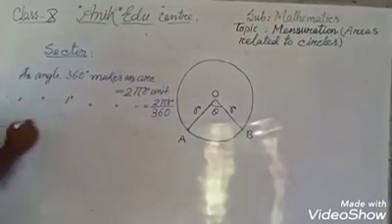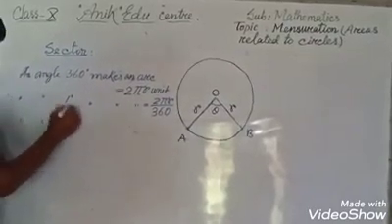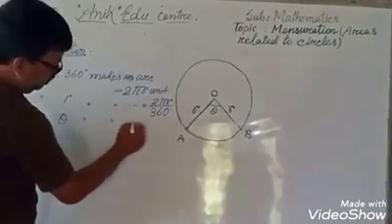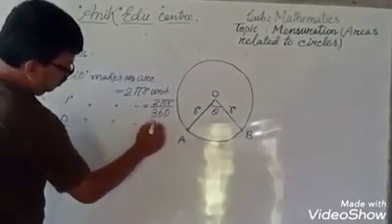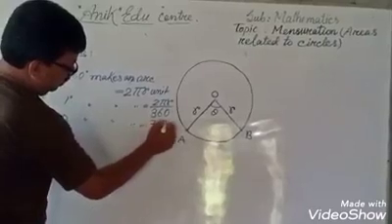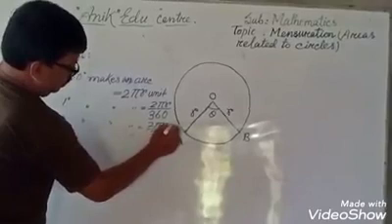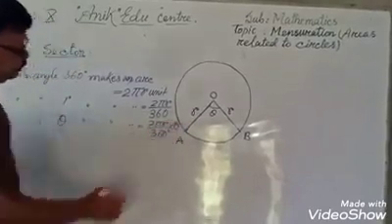Therefore, an angle theta makes an arc equal to 2 pi r divided by 360 degrees times theta.